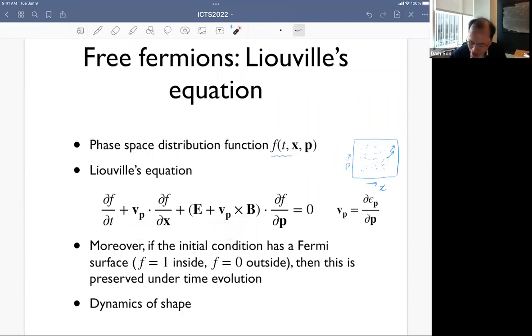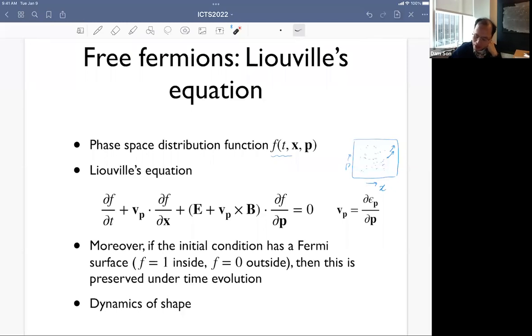Here I have assumed that the particle lives in an external electric and magnetic field, and this term is simply the Lorentz force acting on the particle. V of p is the group velocity of this particle.